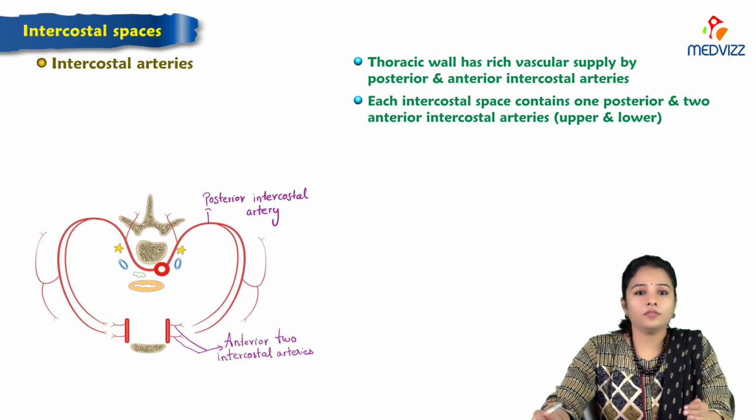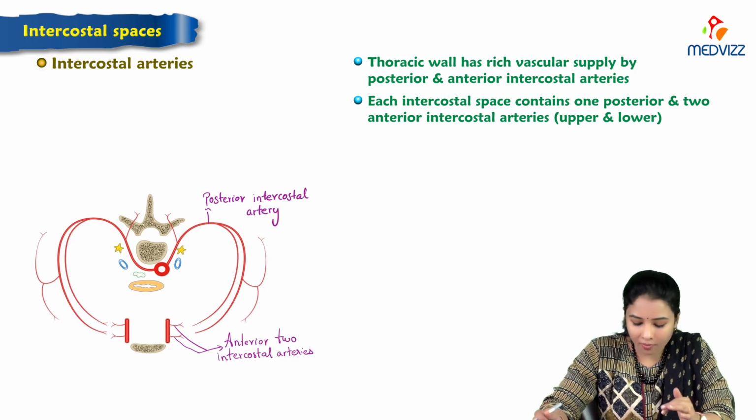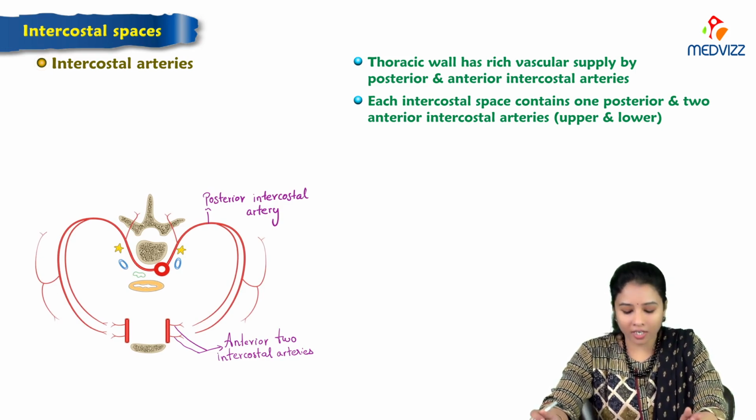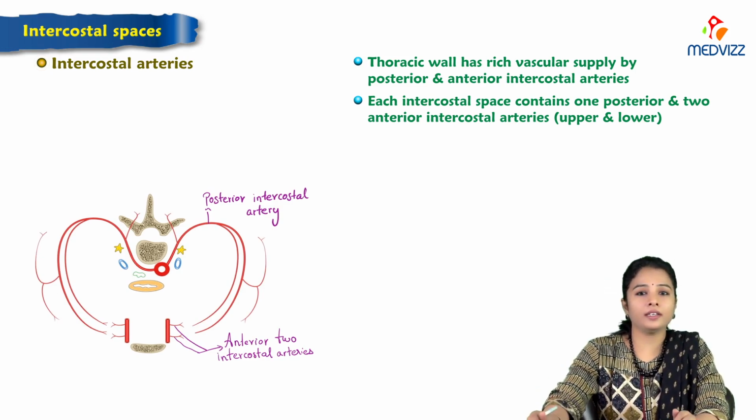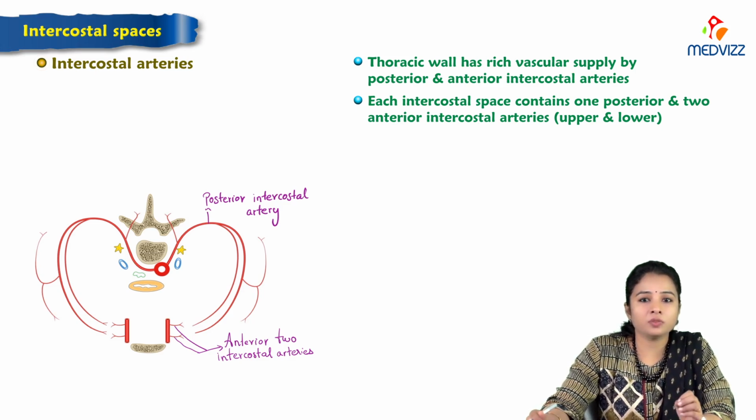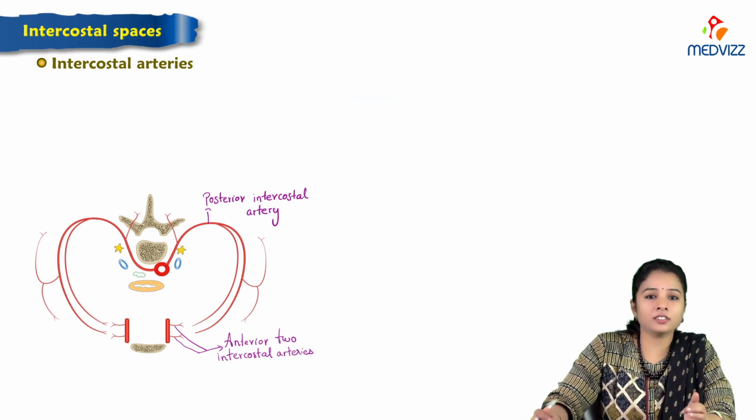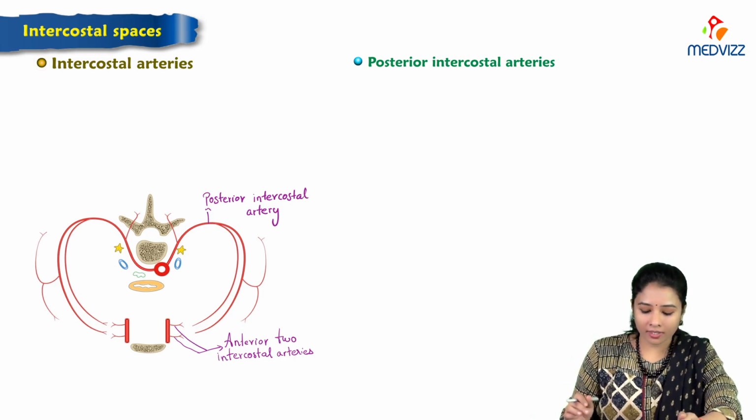Okay, so if you see the intercostal space, we have got a large posterior intercostal artery and two small anterior intercostal arteries. So each space is like that. Now we shall discuss about the posterior intercostal artery.